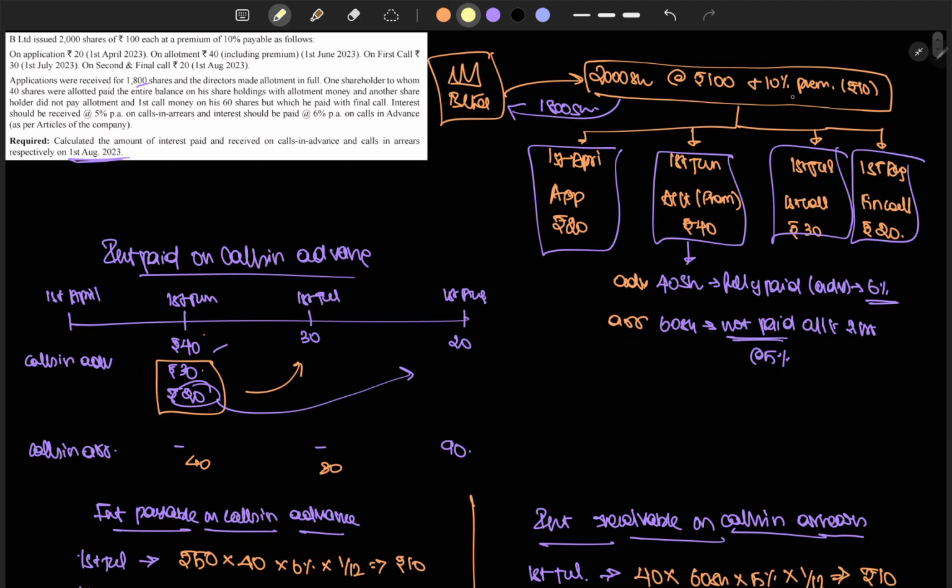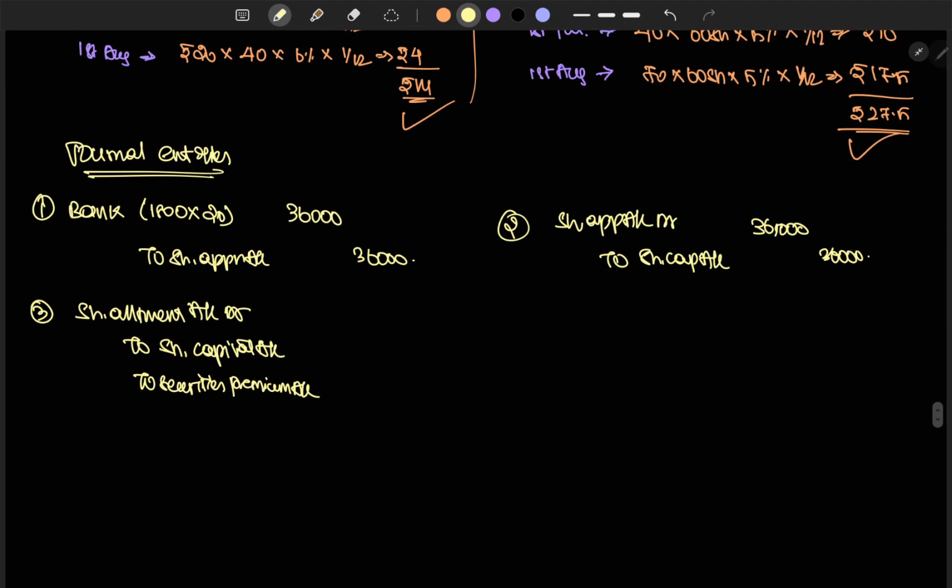What's the securities premium? Which is 10 percentage, is 10 rupees. So 1800 into 10 rupees and 1800 into 30. How much? 1800 into 30, 54,000, 18,000. So it totals to 72,000 share allotment money.